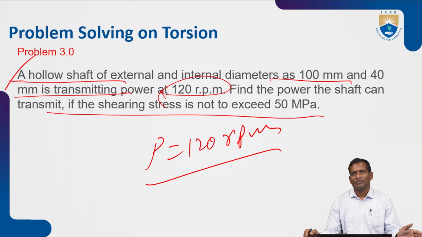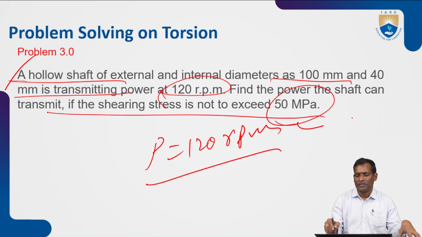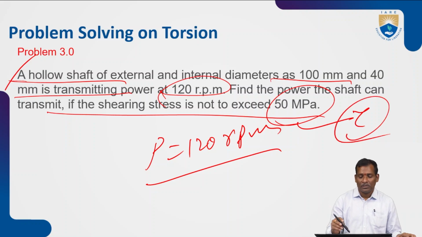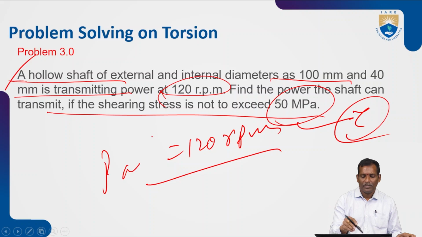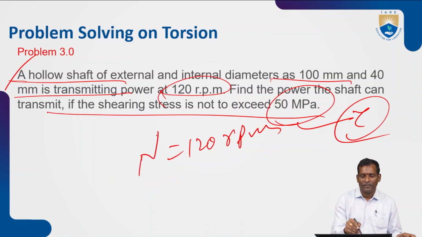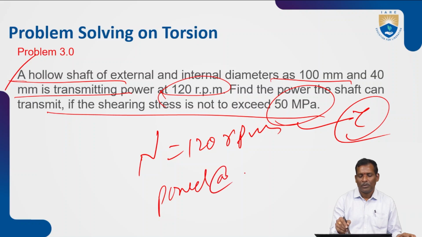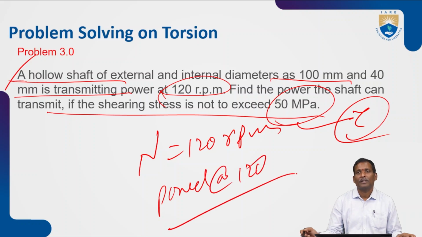Here the shear stress is given, and the power at speed N is to be found.